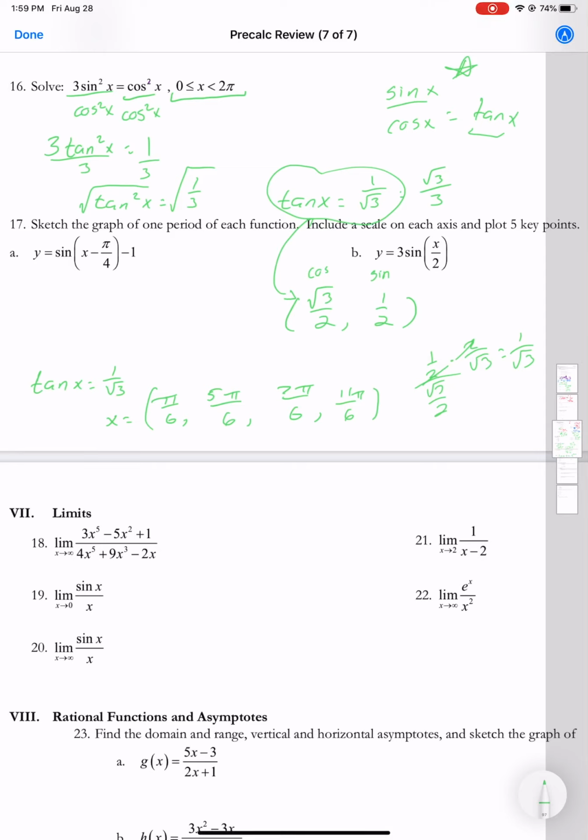So at any of these points, the tangent would be 1 over the square root of 3.